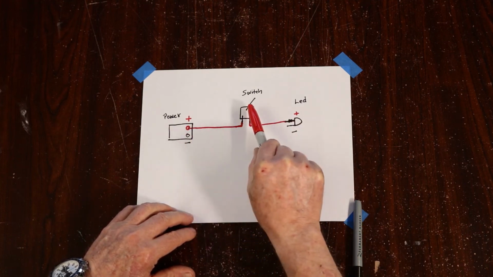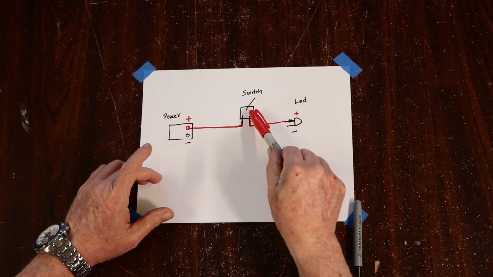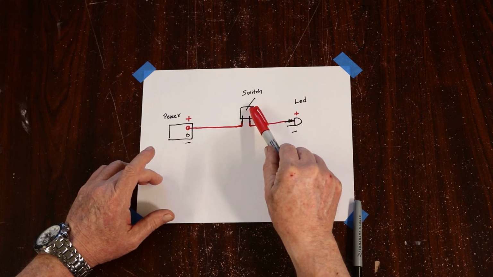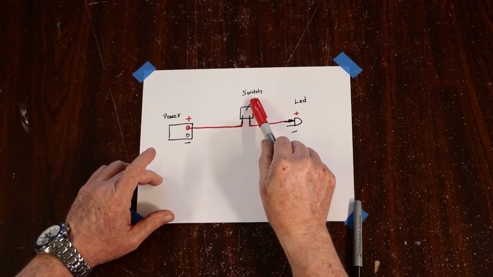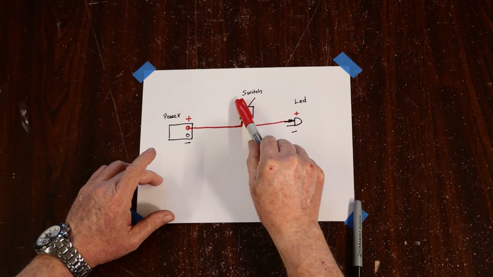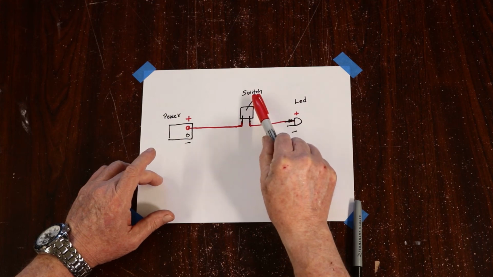This could be either a momentary switch, or just a standard on and off switch. When the switch is switched to one side, the switch is open, or if it's switched to the other side, the switch is closed.